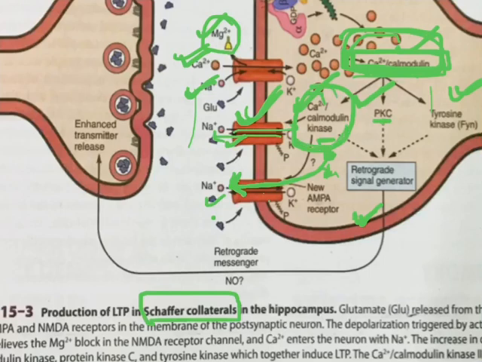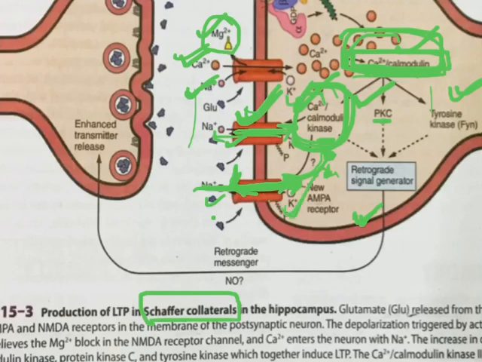So this calcium calmodulin kinase first increases the conductance of the attached AMPA receptors. Secondly, it brings more and more AMPA receptors to get attached to the membrane, and then the process of sodium influx happens. So there will be enhanced depolarization, right.